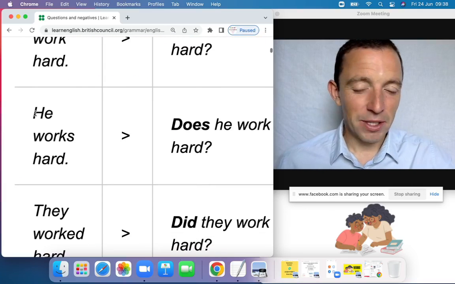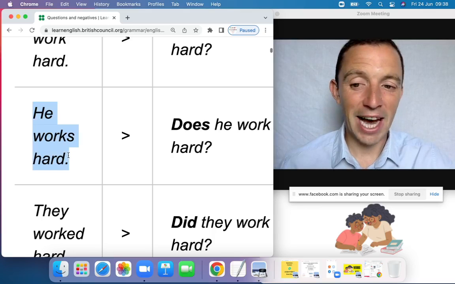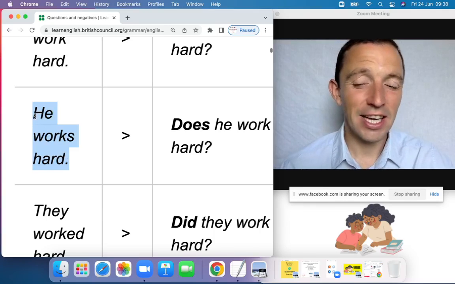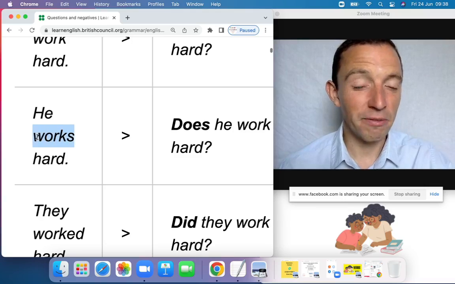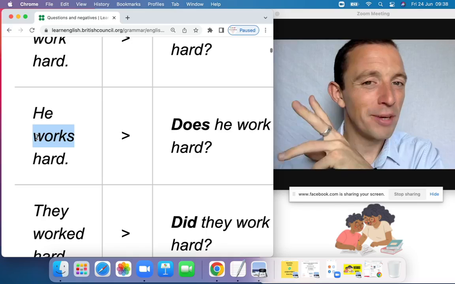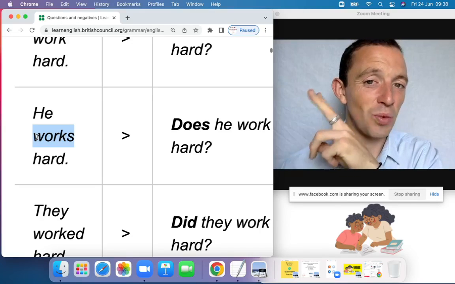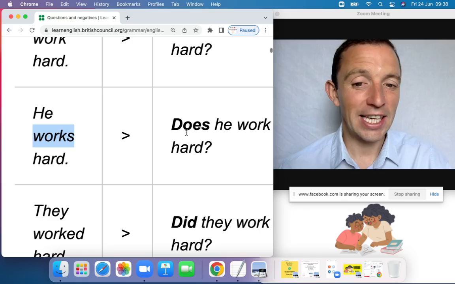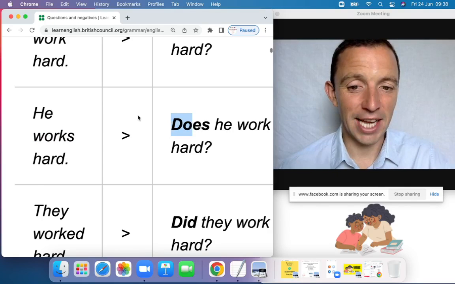Next, affirmative. He is the subject, works is the verb, and hard is the adverb. So, he works hard. To create the question, normally we change the position of the verb, works he hard, to the beginning, but no, because it's not the verb to be or to have. Therefore the second way to create the question is to add the verb to do at the beginning of the sentence.